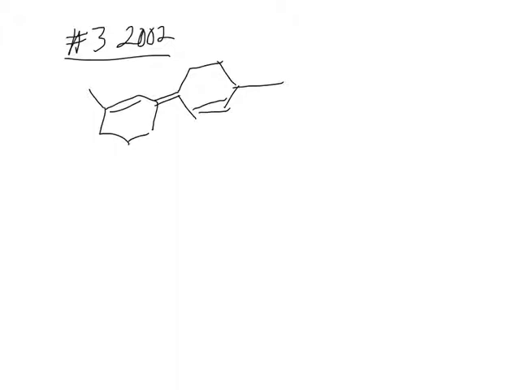The other ones, they all have at most 2 pi bonds next to each other. So 3 in a row is better than 2 2s. That's basically just here.